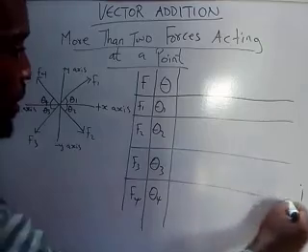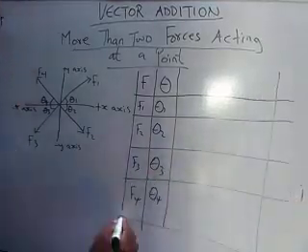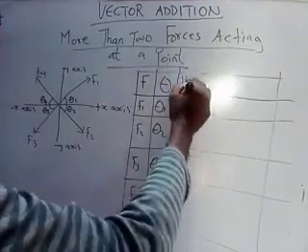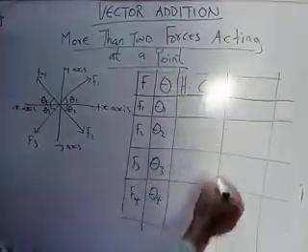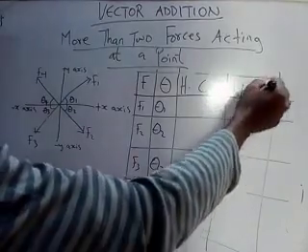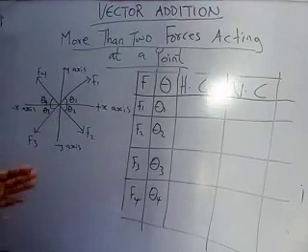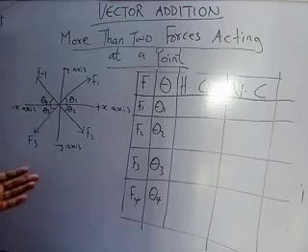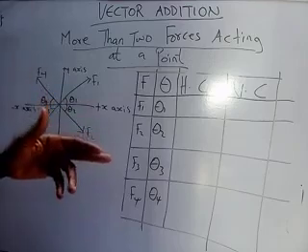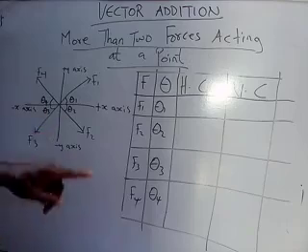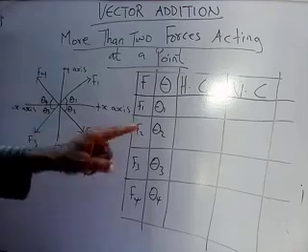After doing this, what I do next is the horizontal components. From what I did before, the horizontal component has to do with cos, while vertical is sine theta. That's the last diagram before I started.